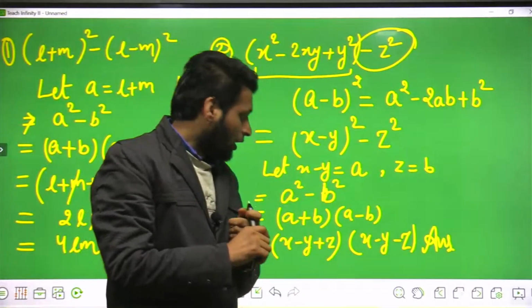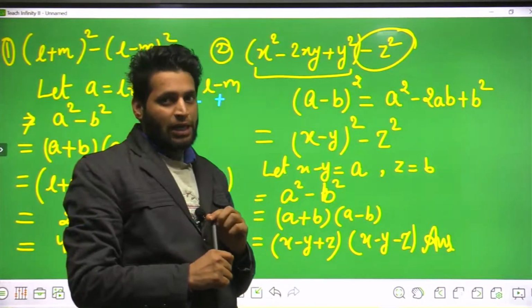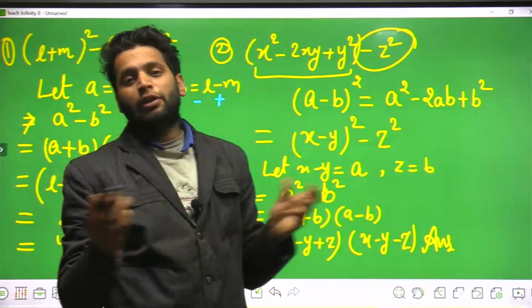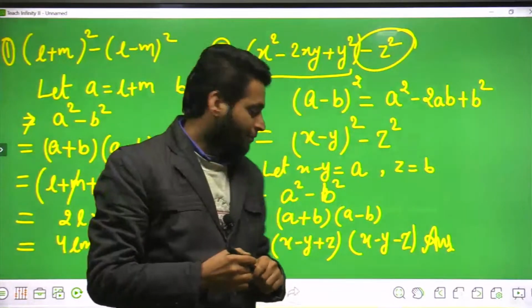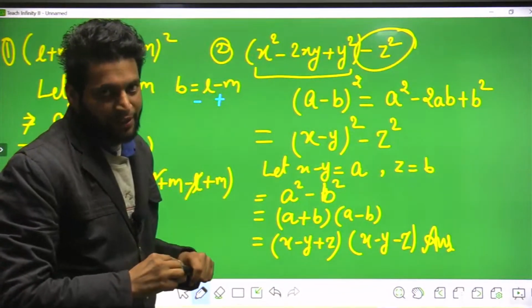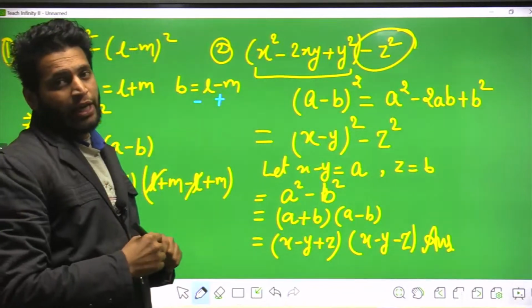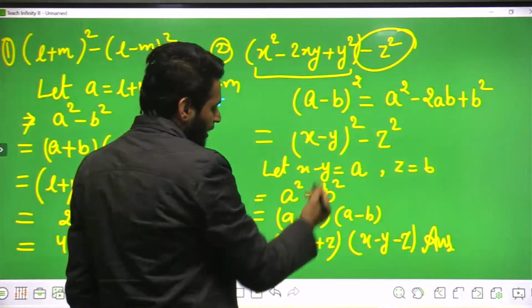The result of the identity a square minus b square is (a plus b)(a minus b). That's why we substitute a is equal to x minus y.